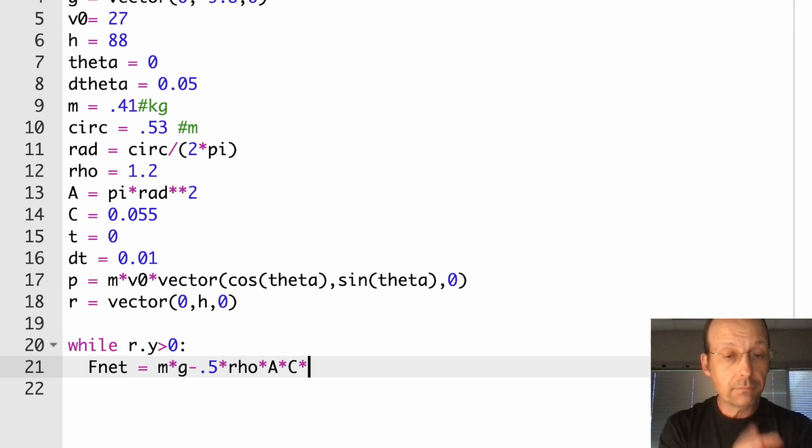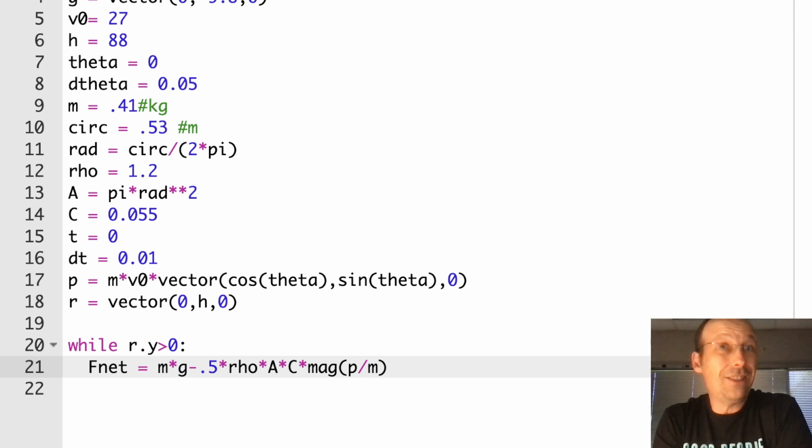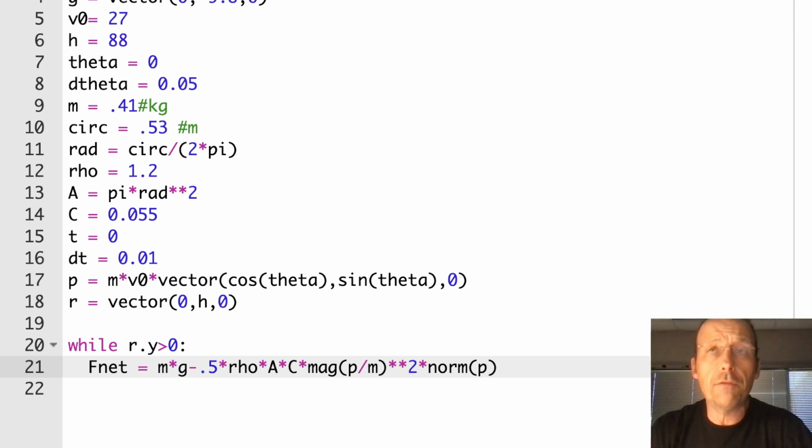I'm going to write this as mag p divided by m, so I need the velocity, and then I need to square that. And then I need to multiply it by a unit vector, norm p. I don't need to multiply by the unit vector of the velocity because it's a unit vector, so I'm dividing by the magnitude anyway. So I can do p or v, that should be fine.